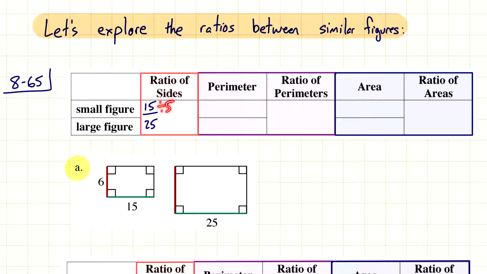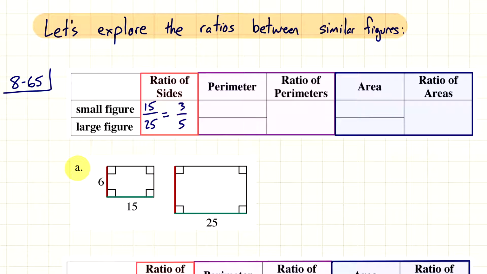If I divide both by 5, what does that give us? It looks like this is going to give us 3 over 5. All right, so our ratio of sides is 3 over 5. Okay, so that was easy. We didn't have to do much calculation besides reduce that fraction.